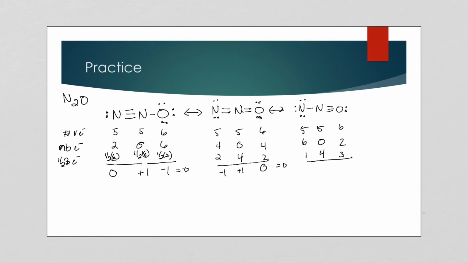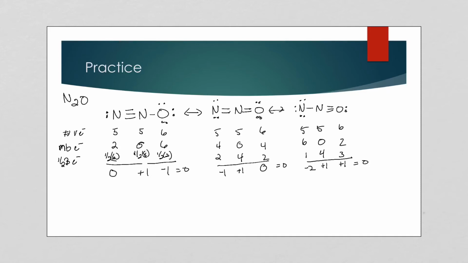We double check that, so yeah, negative 2, 5 minus 4, positive 1, and 6 minus 5, positive 1. Again, adds up to 0.